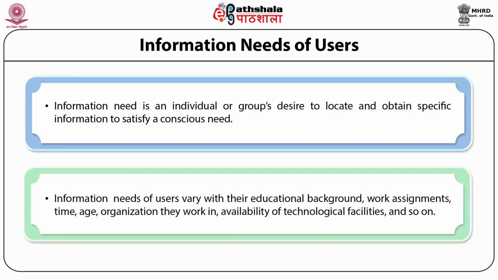Information needs of users vary with their educational background. If they are well educated, their information needs will differ from those who are not as educated as the other group is. Work assignments also help in varying the information needs. Time also is a factor with which the information needs of users go on changing. Age is another factor. Organization they work in.